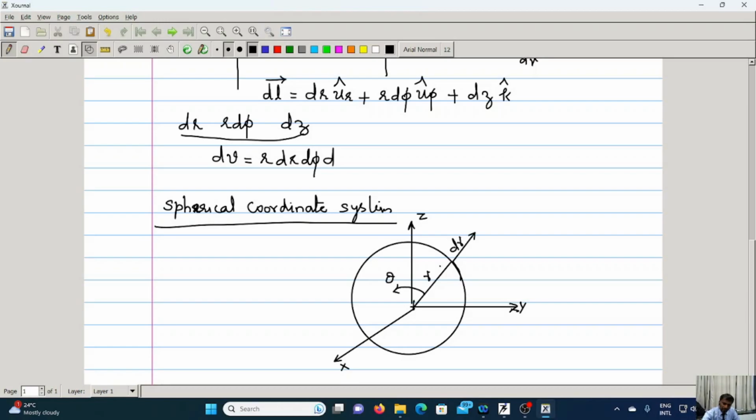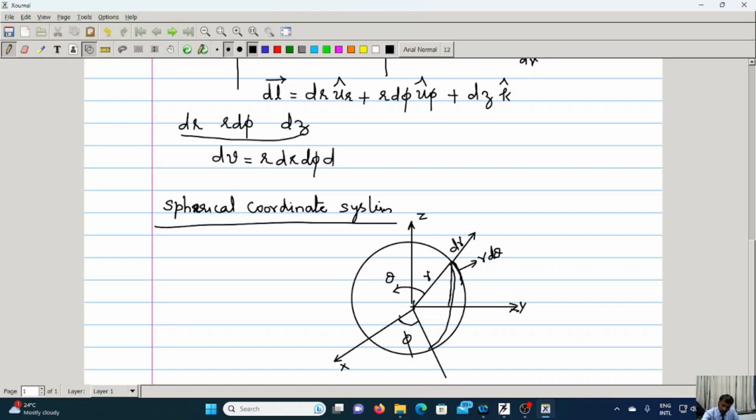Then this angle will be phi. Therefore this arc length we can write as r into d theta.